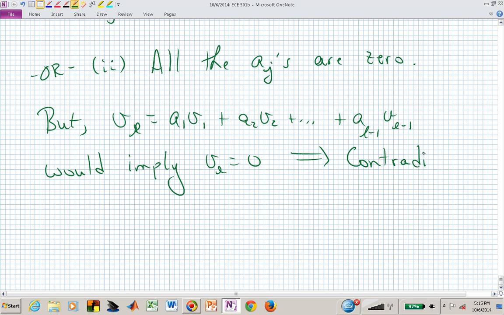So either option for those two pieces of our coefficients being 0 leads to a contradiction, which now says that this original set of vectors that were associated with distinct eigenvalues, v1 through v sub m, must be linearly independent.